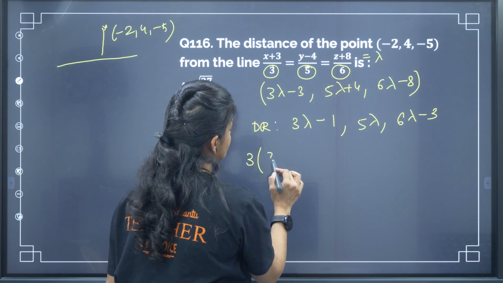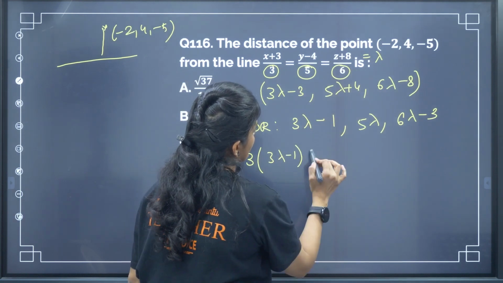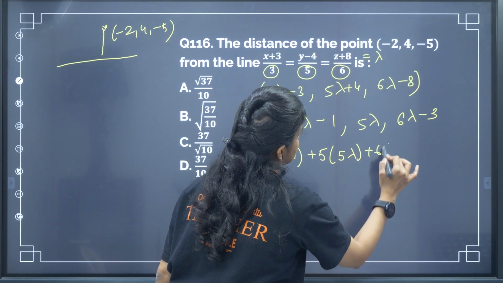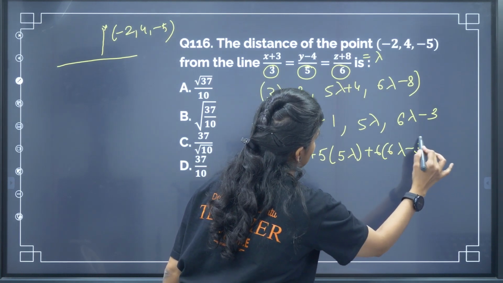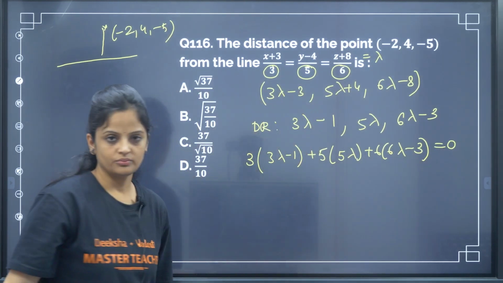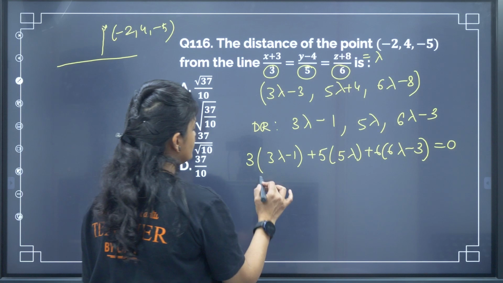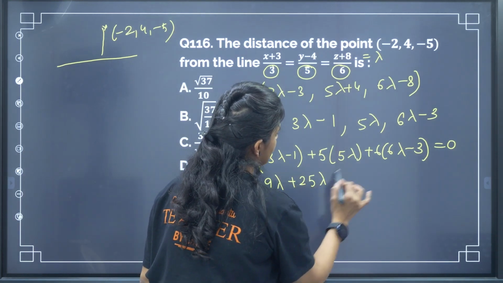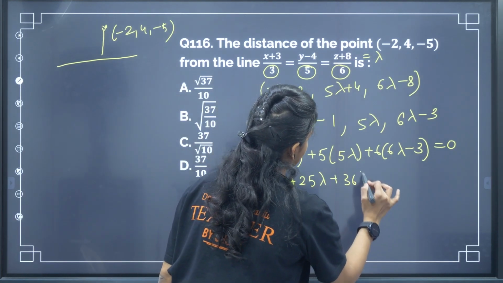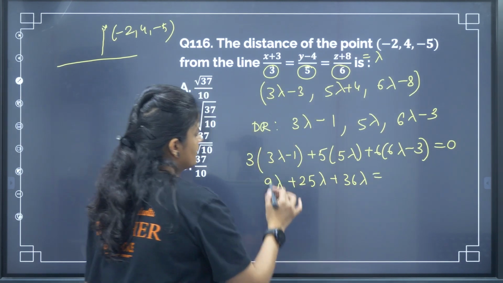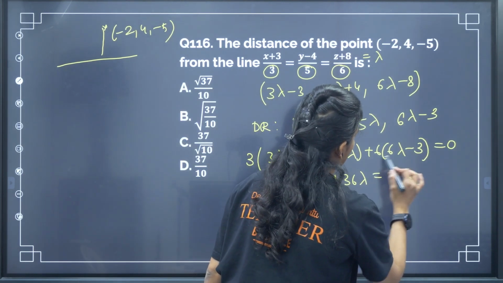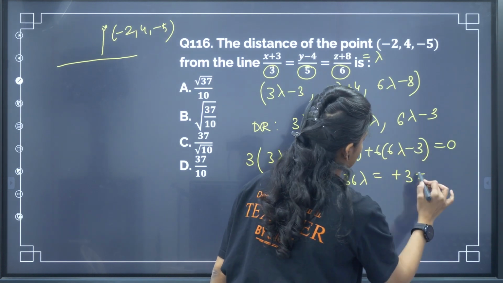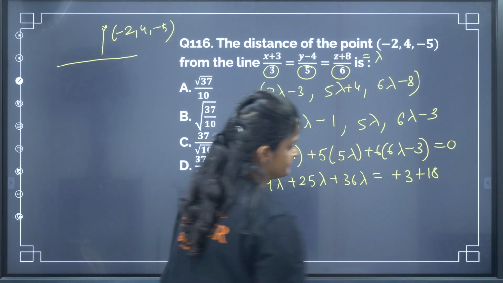So 3 times (3 lambda minus 1), and 5 times 5 lambda, 6 times (6 lambda minus 3), equated to 0. See what is the value of lambda? 9 lambda plus 25 lambda plus 36 lambda is equal to minus 3 plus 3, taking it to the other side, and 18.